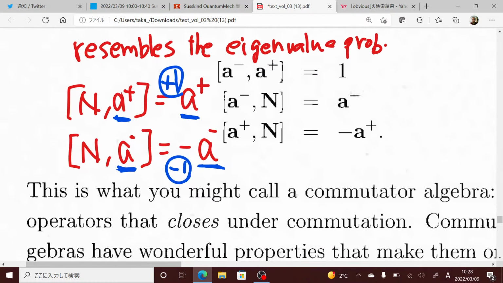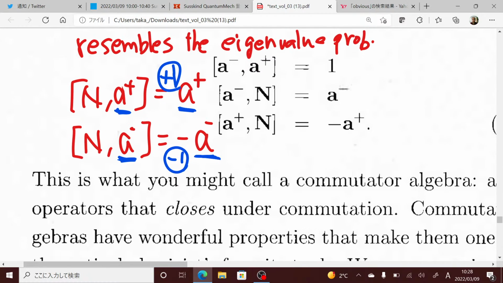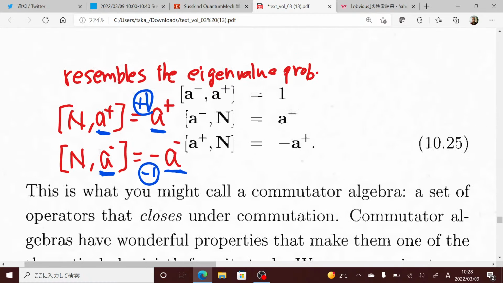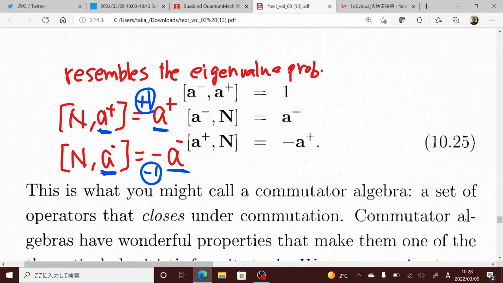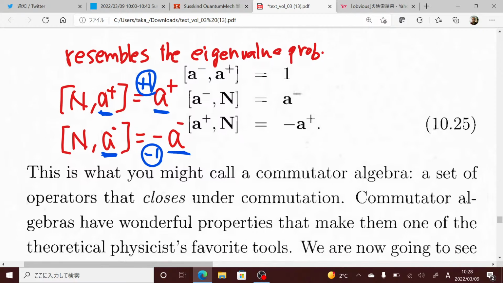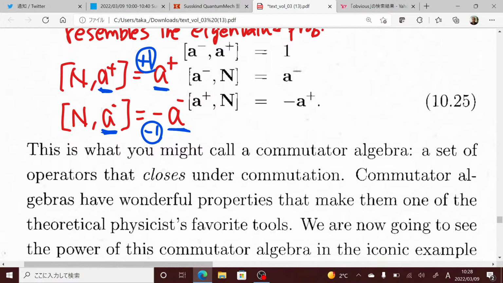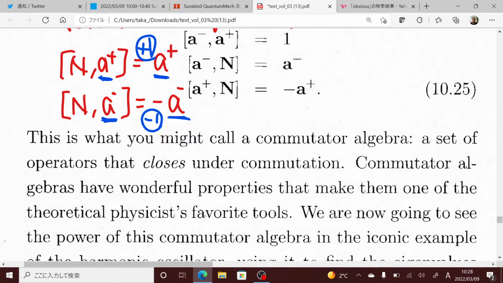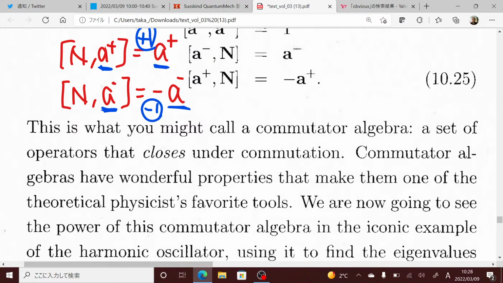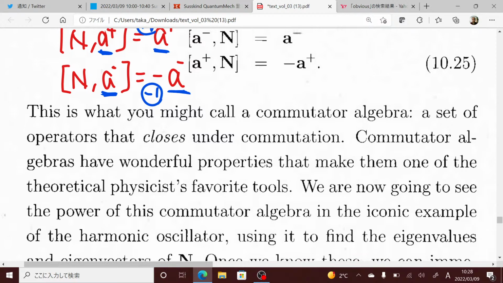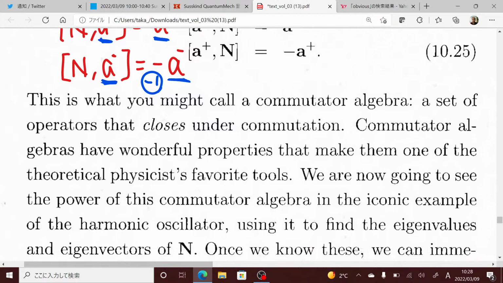This is what you might call a commutator algebra, a set of operators that closes under commutation. Commutator algebras have wonderful properties that make them one of the theoretical physicists' favorite tools.